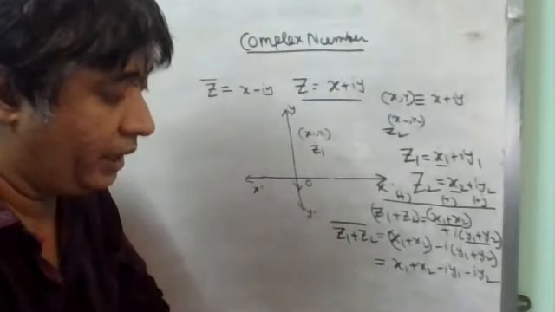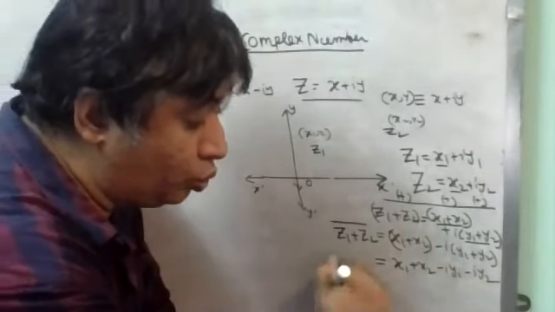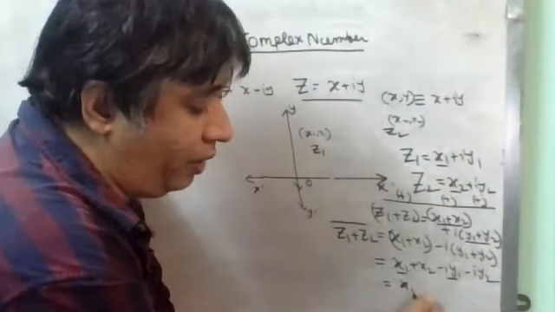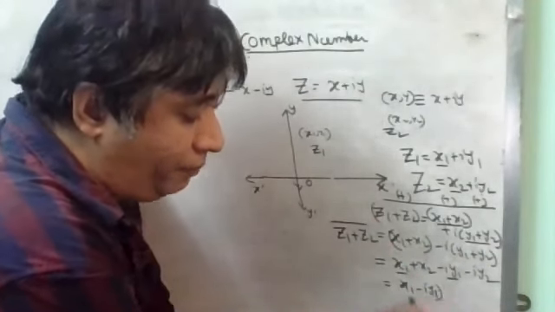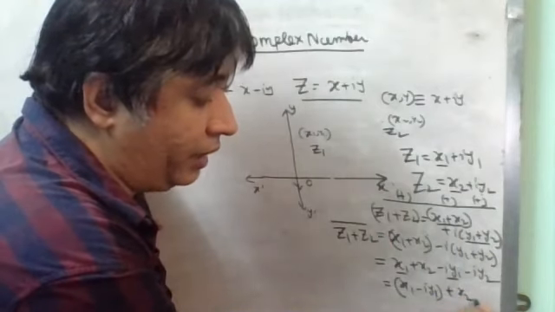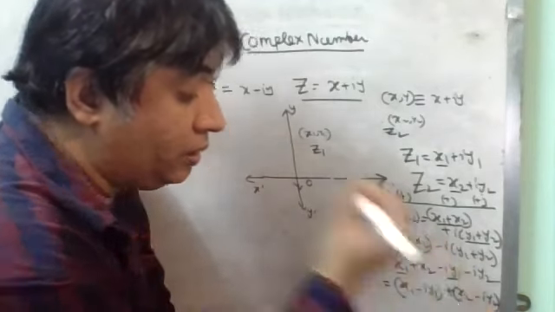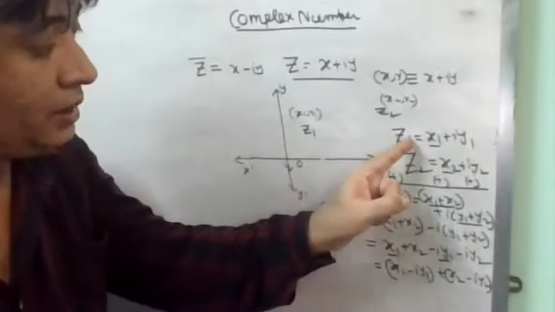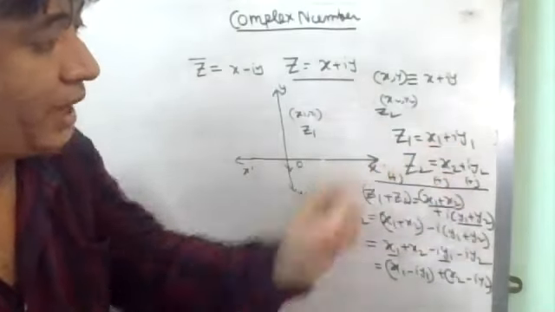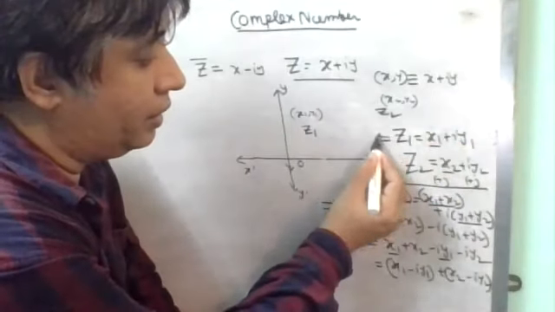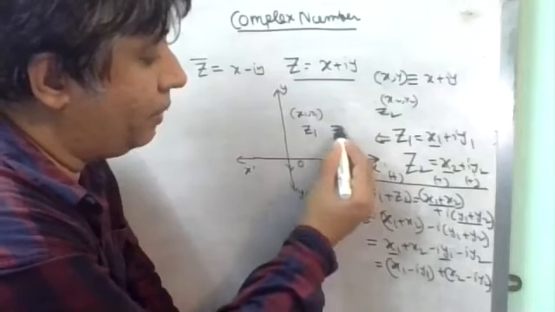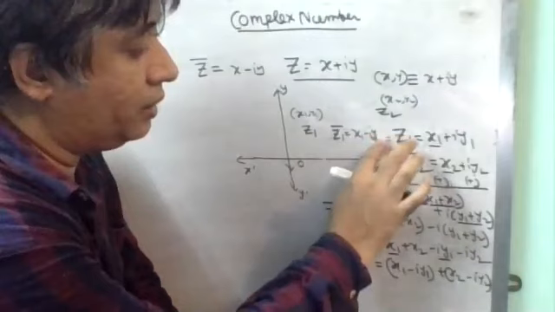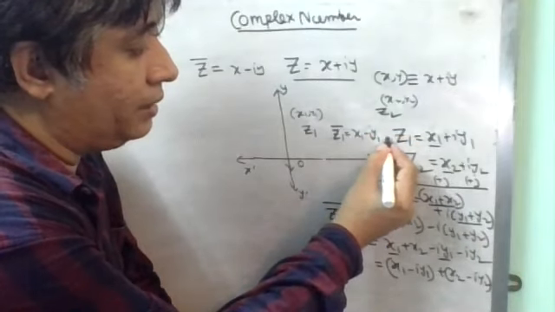Then you split this part into two complex conjugates. See, x1 minus iy1 will be clubbed in a bracket and x2 minus iy2 is clubbed in a bracket. And see, here z1 is x1 plus iy1, then you can write z1 bar as x1 minus iy1.